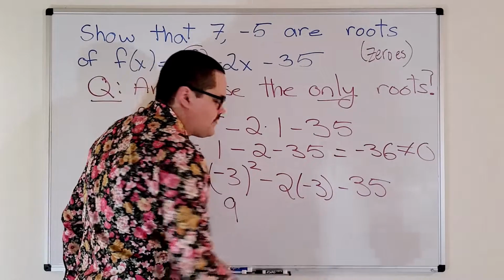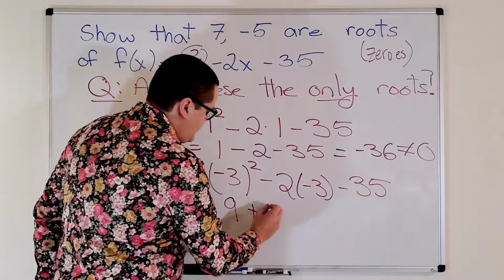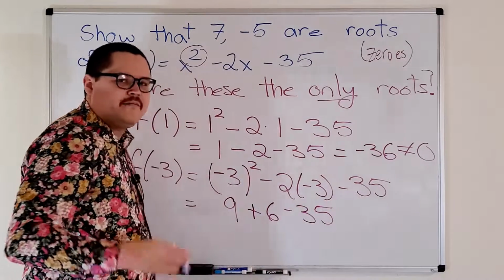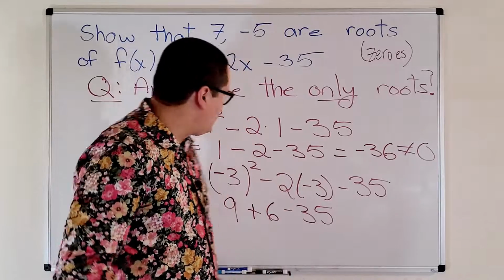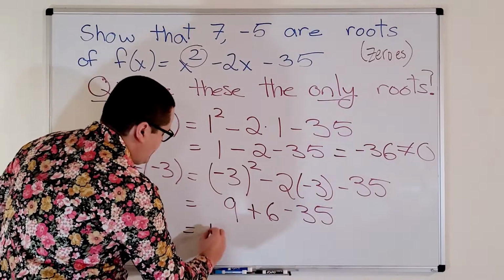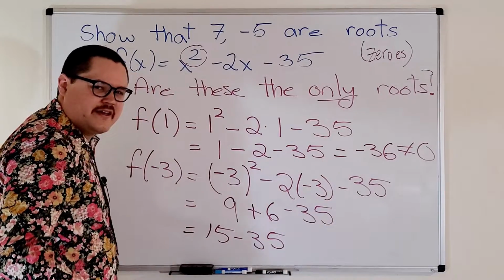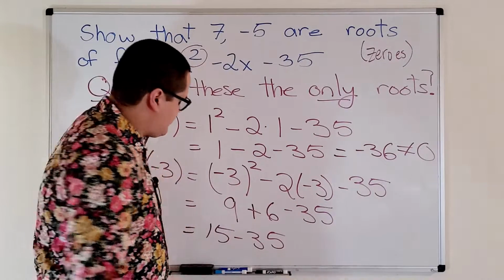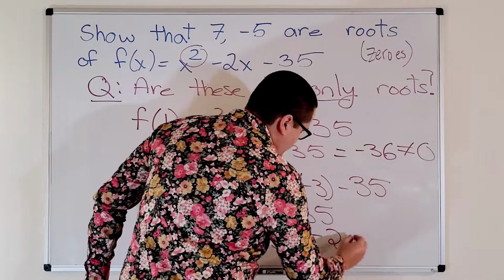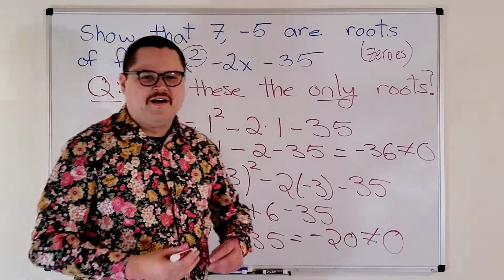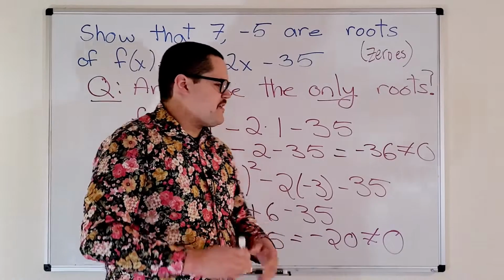Negative 2 times negative 3 is positive 6. So we get 9 plus 6 minus 35. Well, that's just 15 minus 35, which is negative 20. Again, that's not 0. Oops. So, these weren't very good guesses.